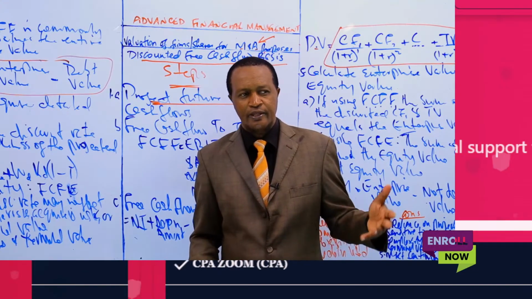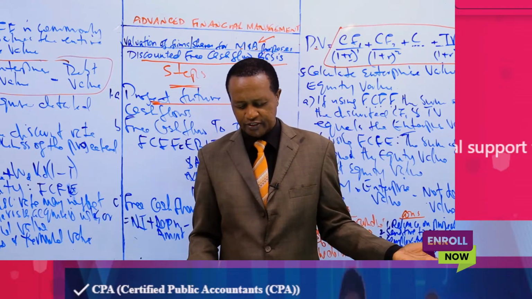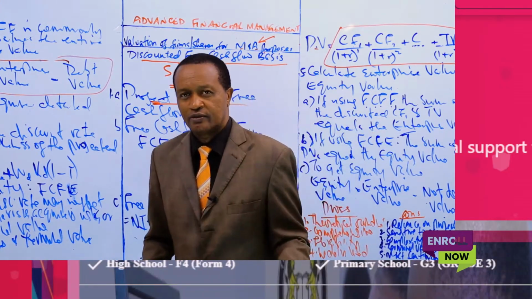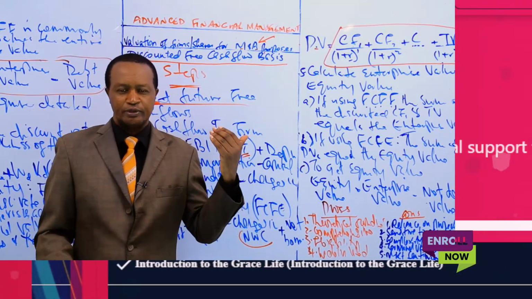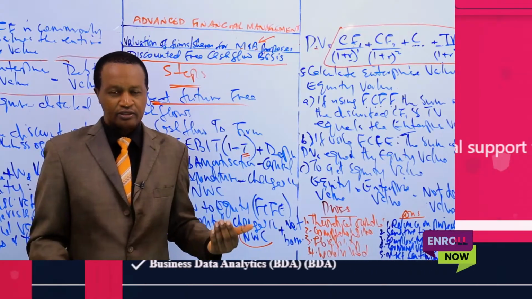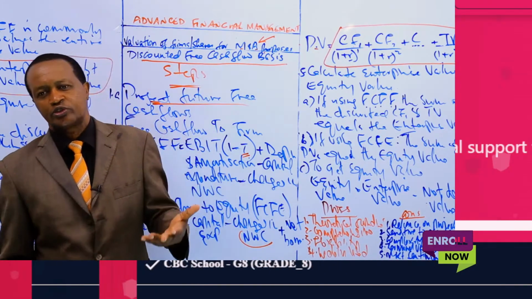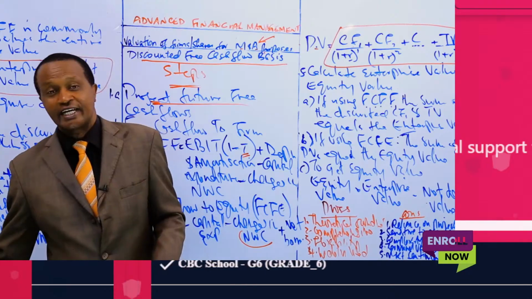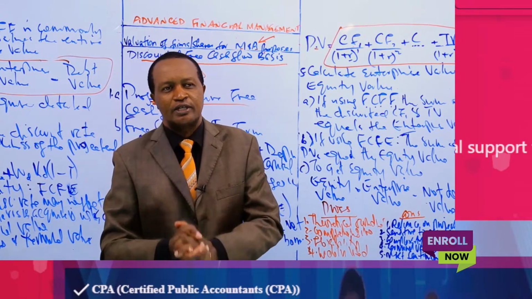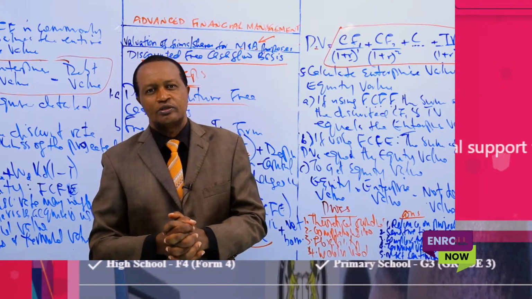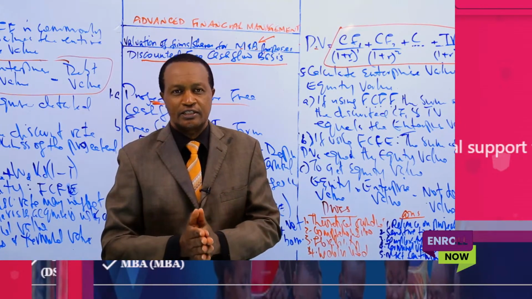We went to the PE ratio basis. We covered the dividend growth model. We also discussed the super profits model, the capital asset pricing model. And in our next session, we will now be working out illustrative KASNEB past paper examples for these techniques.